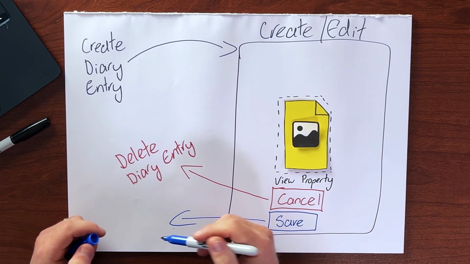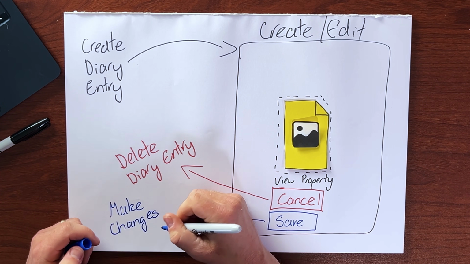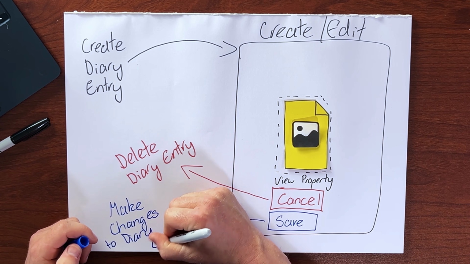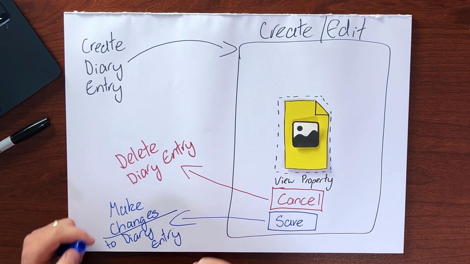And what we're basically going to do there is we're going to use our make changes action to, of course, the diary entry. And in that make changes action is where we're going to do things like save the title field, save the start date for the diary entry, and also, incidentally, change the diary entry from a draft diary entry to a non-draft diary entry. So this is what we're doing conceptually.